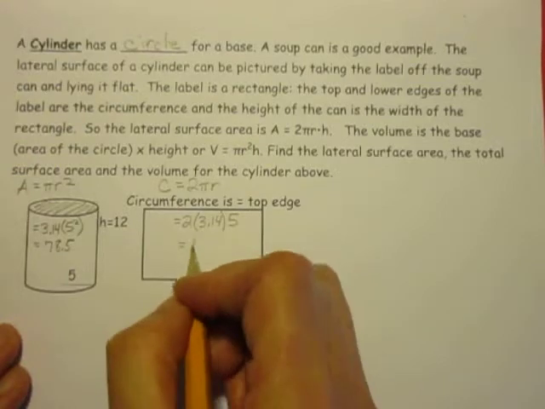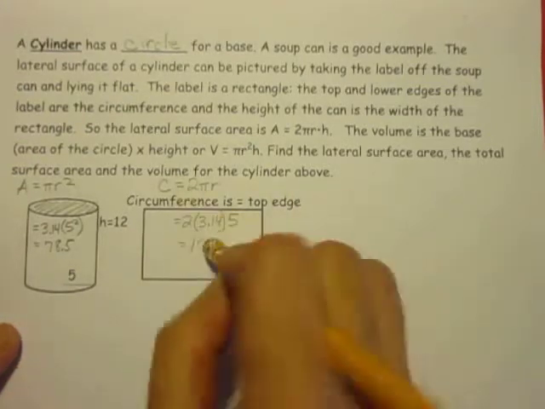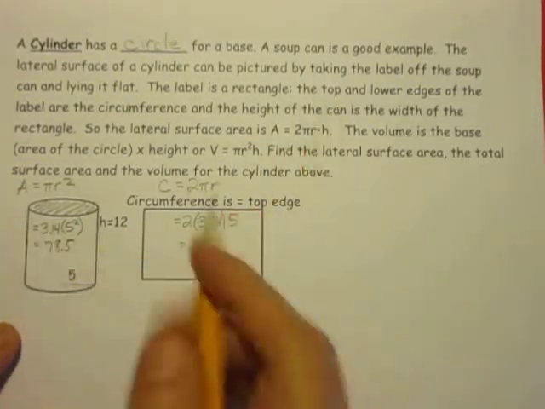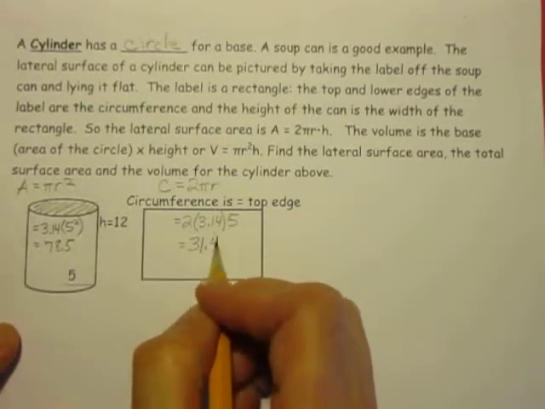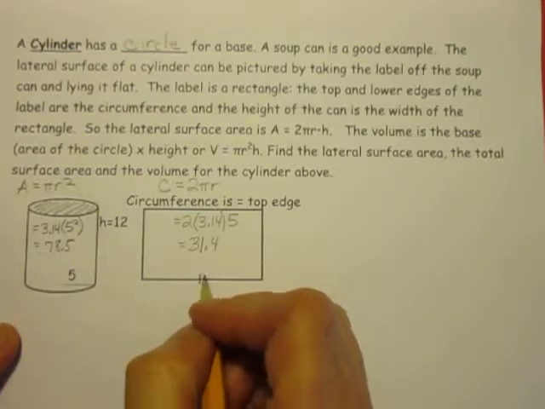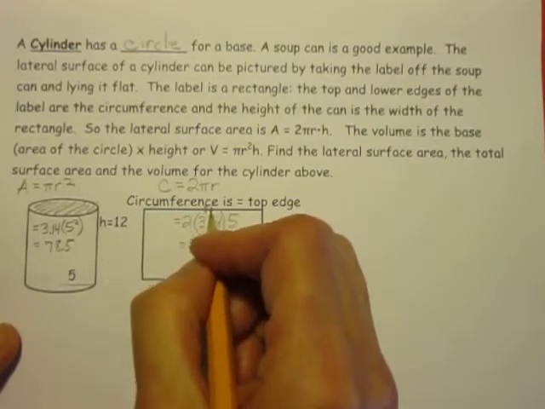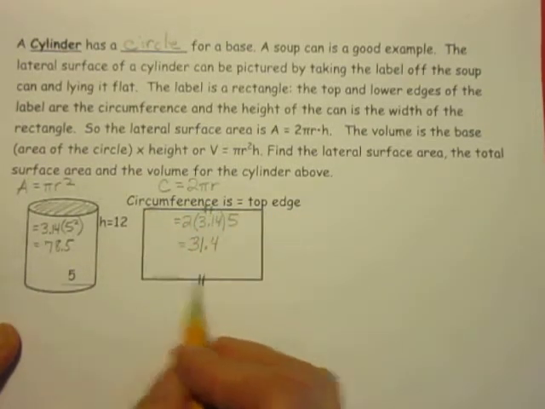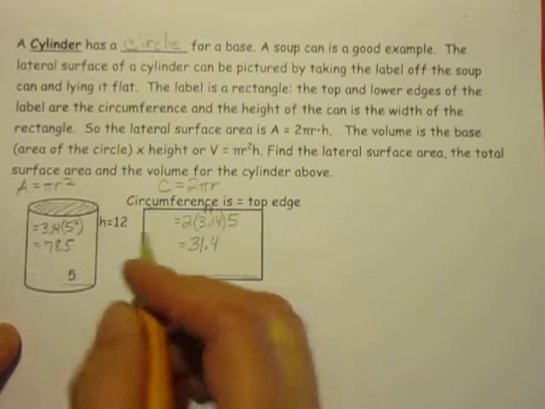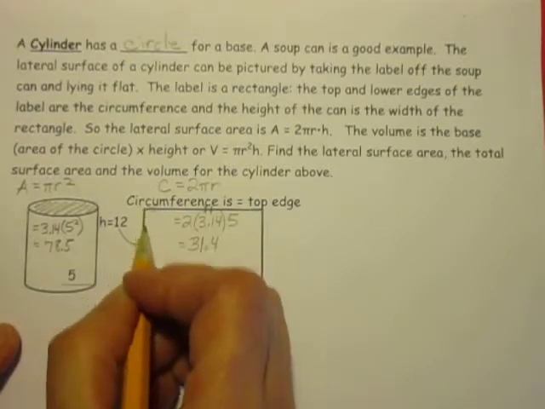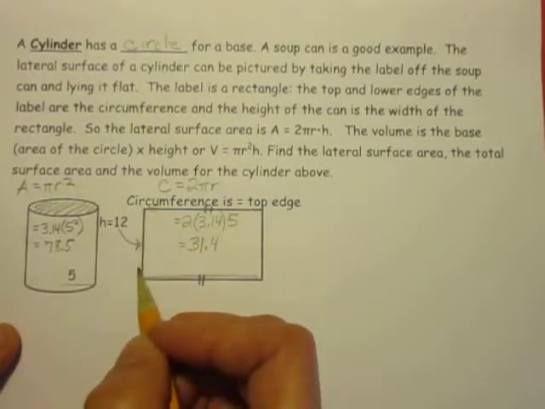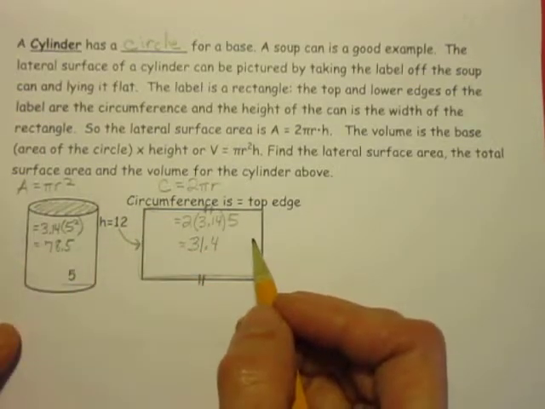That comes out to be 10 times 3.14, which is 31.4. Okay, and that's going to be these edges right here. The top and the bottom of the rectangle is our circumference. The height, which is the height of our cylinder, is actually the other edge of our rectangle. So that's really going to impact things as we move forward.